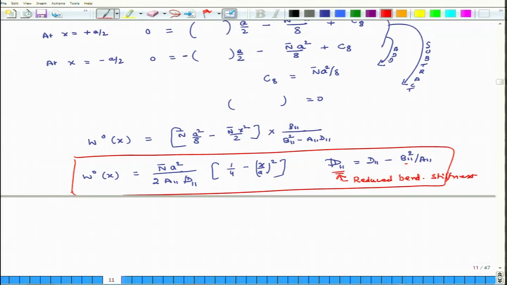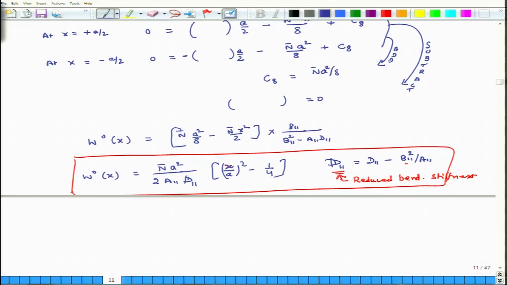There is one small thing, actually the sign here was incorrect. So, I will fix that. So, this is x over a whole square minus 1 over 4.